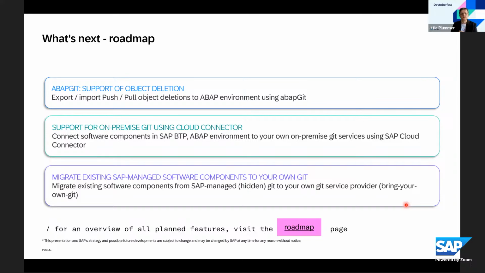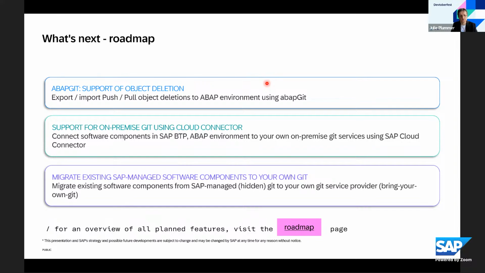Another perhaps quick glimpse at the roadmap. Let's see. We've been working in a variety of fields, but three perhaps that I will draw your attention to are in ABAP Git. We now support, if you've deleted an object in your local repo, you can push that deletion to downstream systems in ABAP Git.